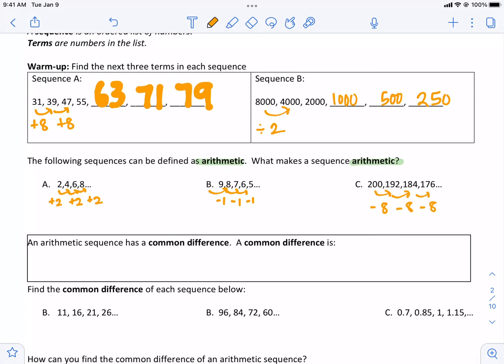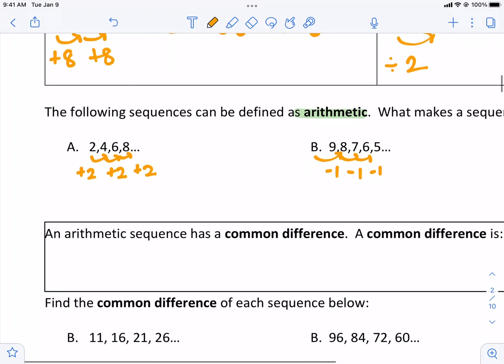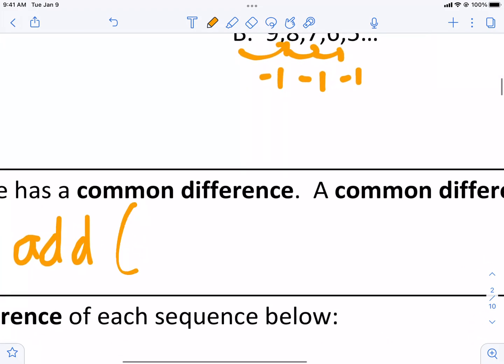Okay, so these are all arithmetic. An arithmetic sequence has a common difference. A common difference is what you add or subtract to get to the next term. And you can say subtract, but subtracting is adding a negative, right?